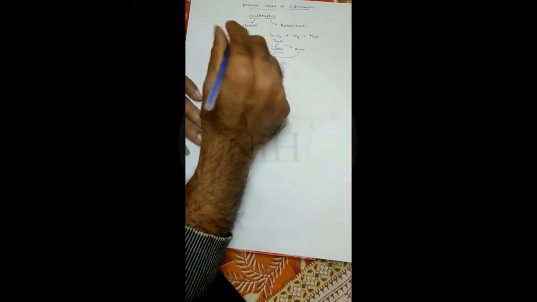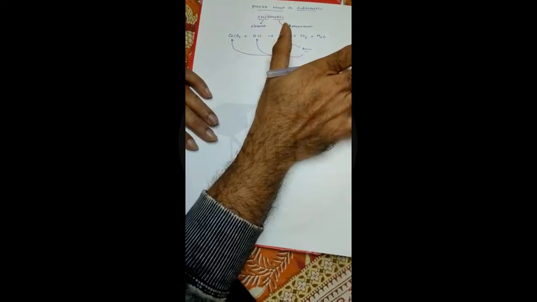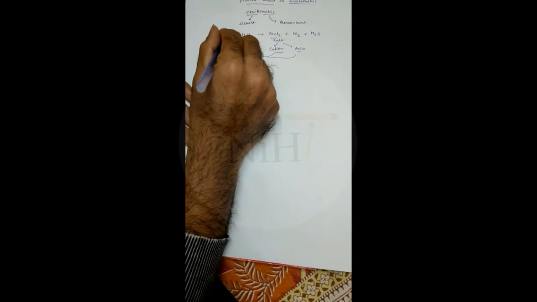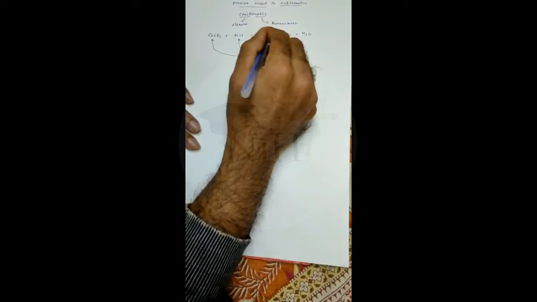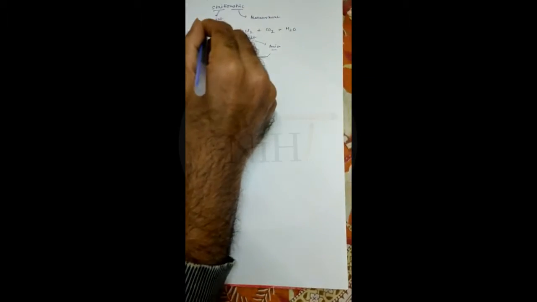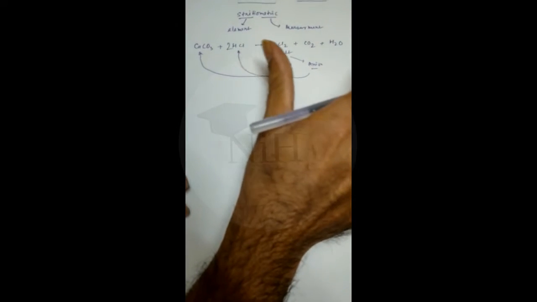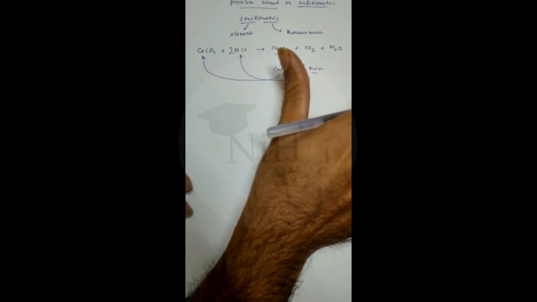So if we balance this chemical equation, how to balance this? There are 3 atoms of oxygen, here 2 and 3, balanced. 2 chlorine atoms, here 1, you can balance it. Let's check. Okay, this is already a balanced chemical equation.